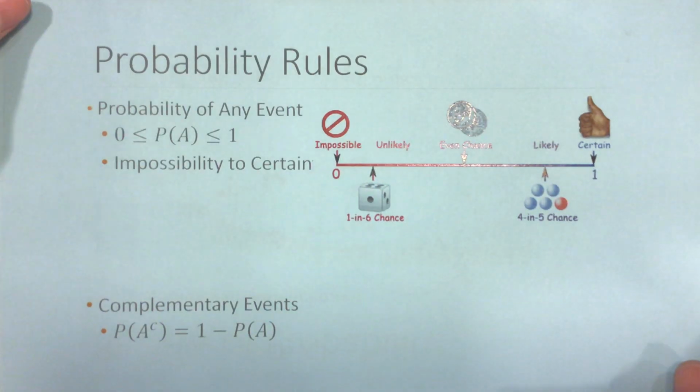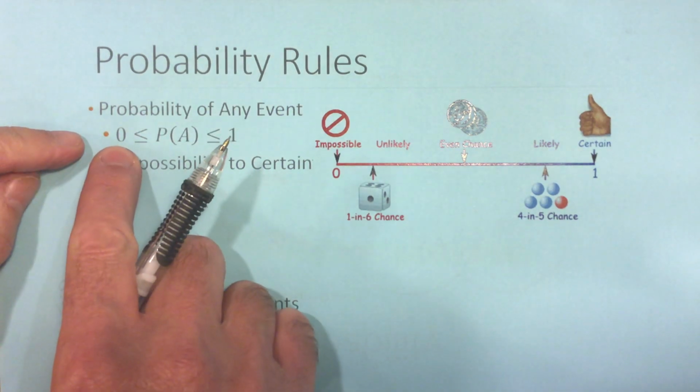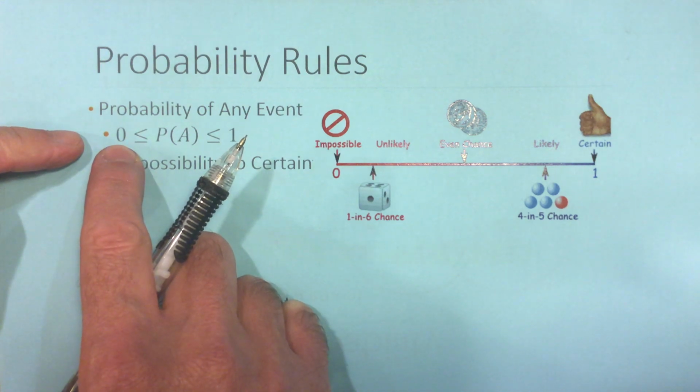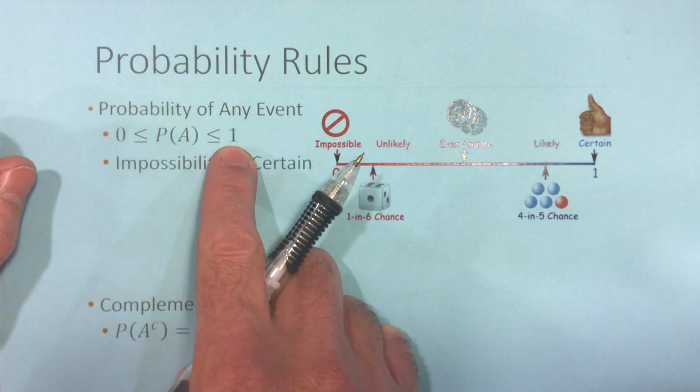All right, some basic rules. Again, you should already kind of know this. We mentioned last time the lowest possible probability is 0. Something cannot happen a negative number of times because probability is a ratio of 2 counts. And the greatest possible probability is exactly 1, or 100%.